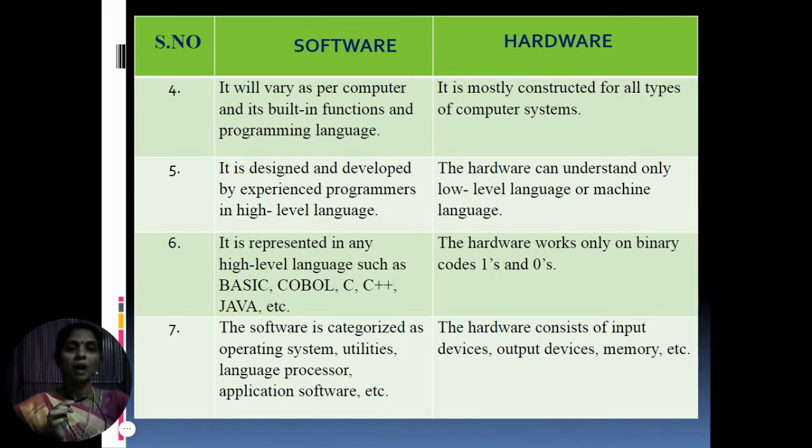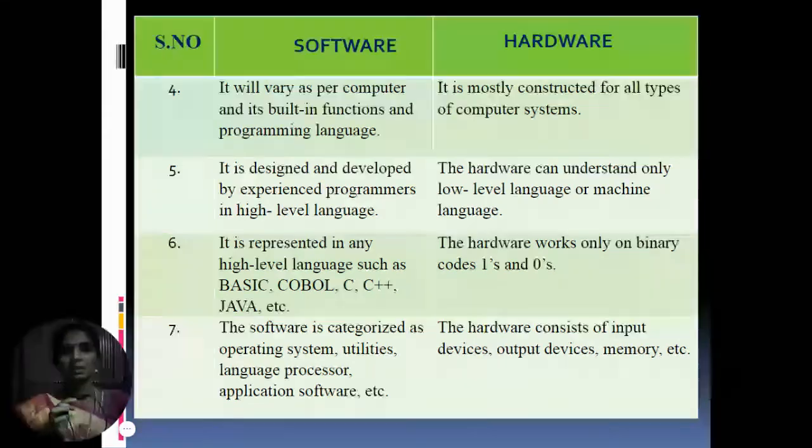At the same time, the hardware works only on binary code, zeros and ones. The software is categorized as operating system, utilities, language processor, application software, etc. The hardware consists of input devices, output devices, memory, etc.